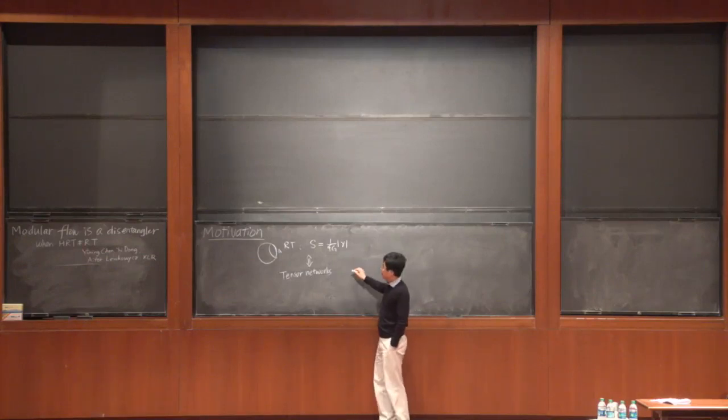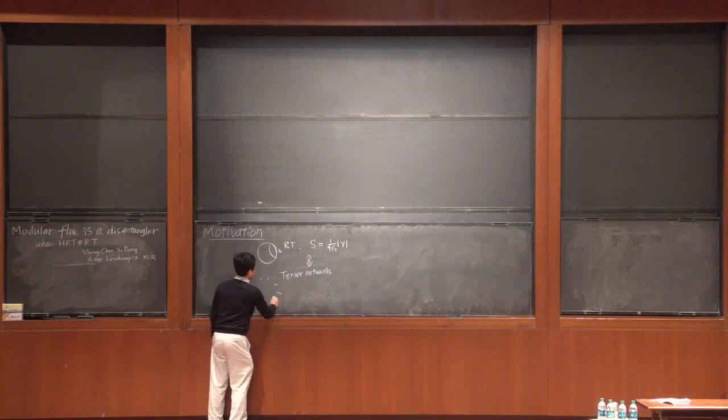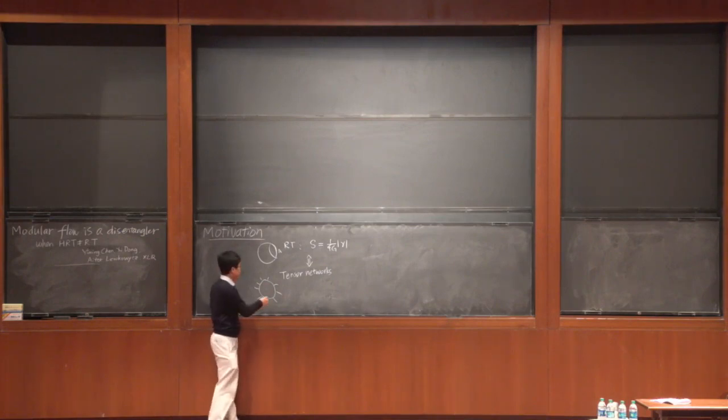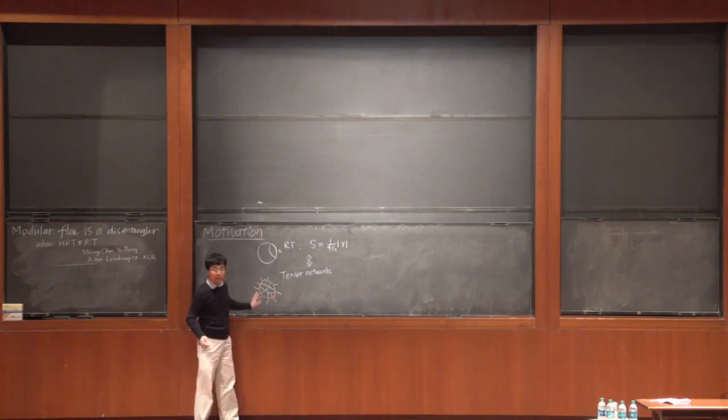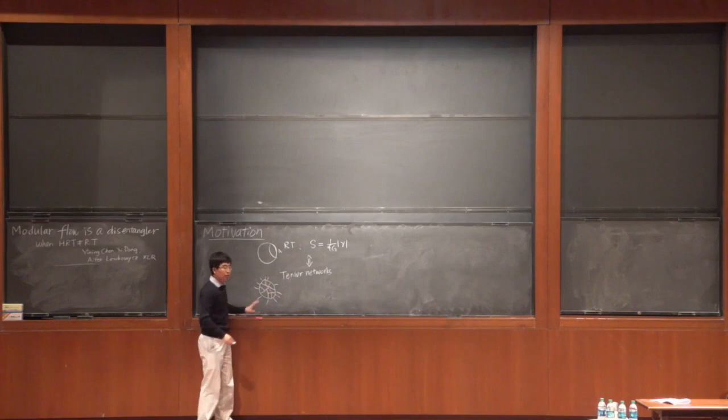I think of the state living on the boundary as described by some tensor network, and the bulk is some internal lines that I contract to get the corresponding state on the boundary. Then the minimal surface area corresponds to the minimal number of links I cut to separate a region A from the complement.